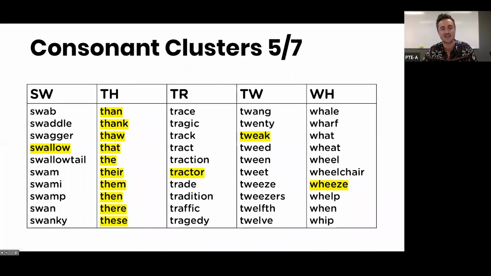Please say all of these sounds, all the yellow sounds. And just while we're doing this, please note down any consonant clusters that you personally find challenging, okay?